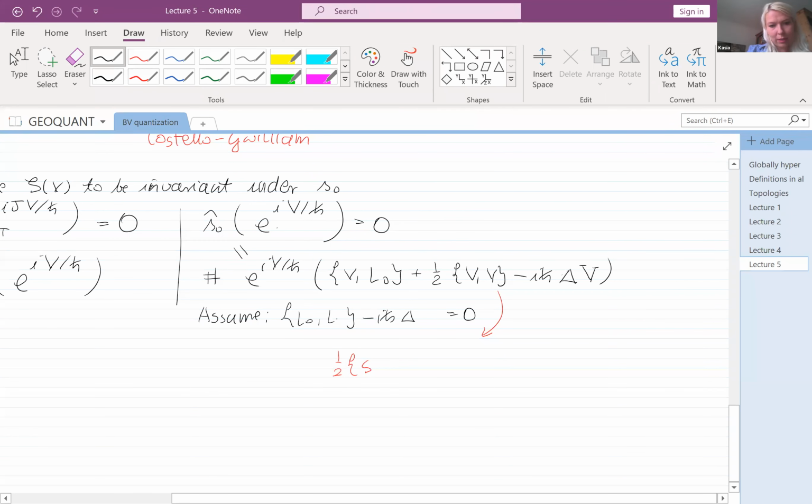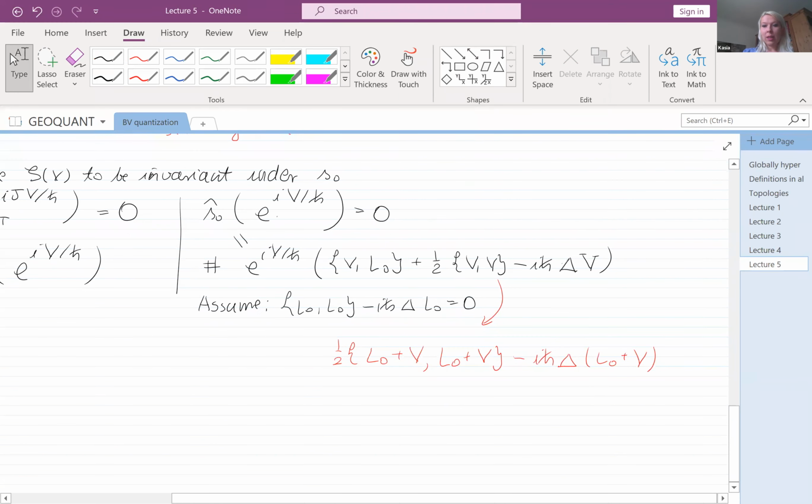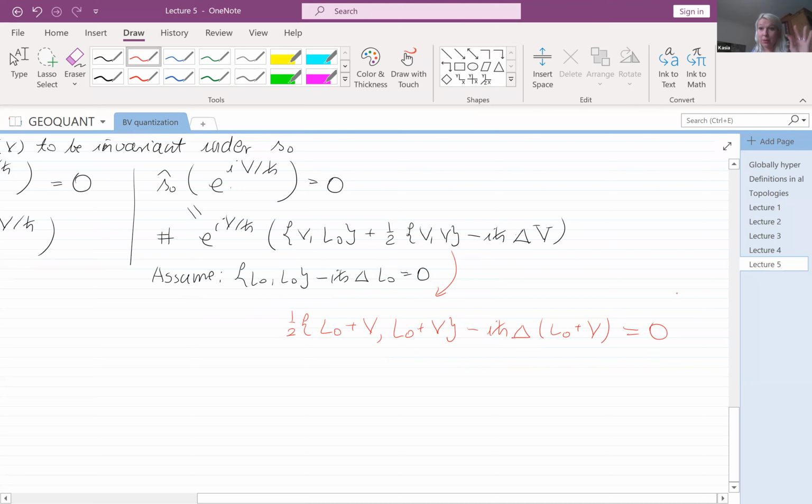That should be L. So with that assumption, we can rewrite the above condition as 1/2 the bracket of L0 plus V with L0 plus V, minus iH bar delta of L0 plus V, equals 0. So this is an algebraic condition that the full Lagrangian of the theory has to satisfy.